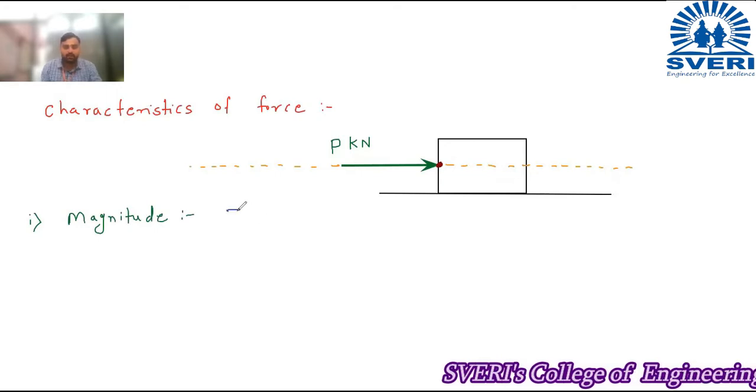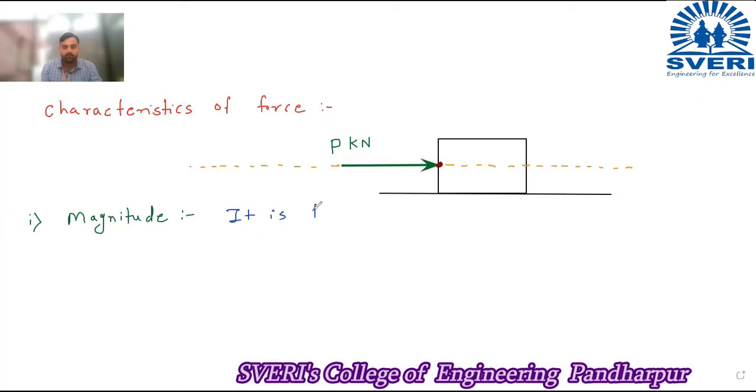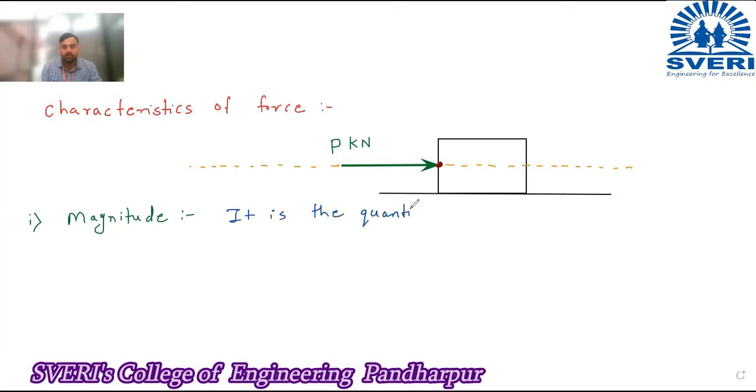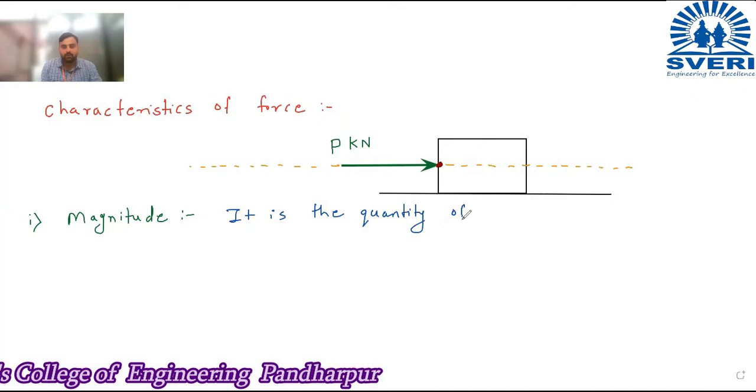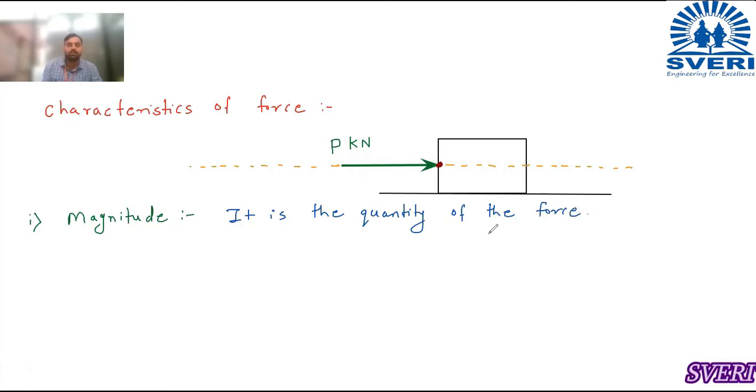Magnitude is the quantity of the force, whatever may be the quantity, 5, 10, 100, whatever the force may be. So magnitude is nothing but the quantity of the force. Here the magnitude is P kilonewton.